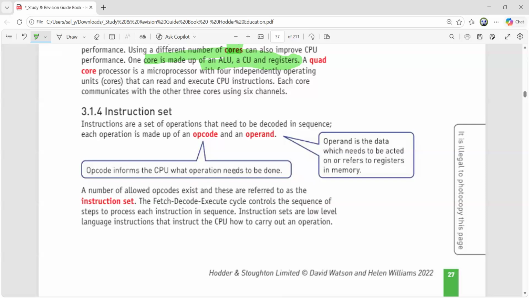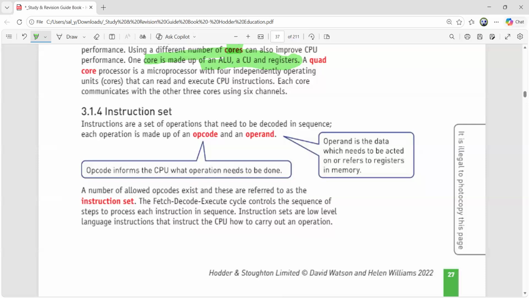And if I say run 5 miles, or run for 50 minutes, for example, that will be considered to be an operand, the data which needs to be acted on or refers to the registers. So since we are talking about the computer, that's why we are saying here that it is referring to the registers in the memory. Are we clear about this opcode and operand?